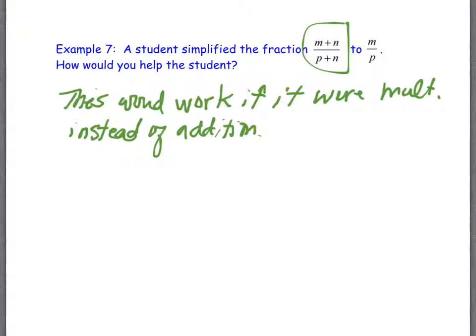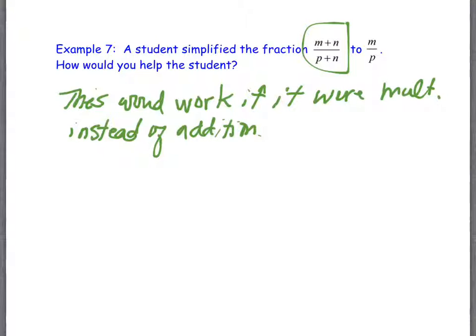Okay, so that's a true statement, but it may not mean a lot to the student, because they might say, well, why wasn't it going to work for addition? Or how do you know it can't work for addition? What's one way that you could show them why it wouldn't work for addition? You could do a number example. In order to work this out, I need 3 numbers because there are 3 letters here.